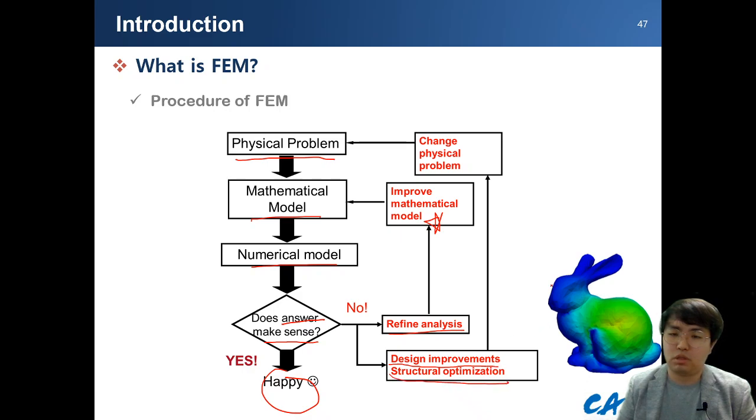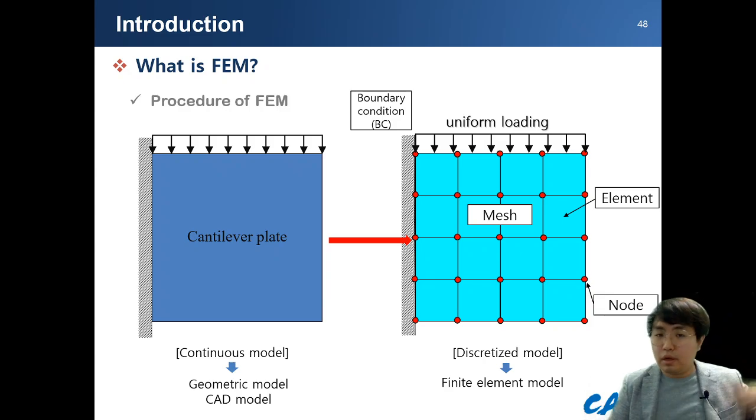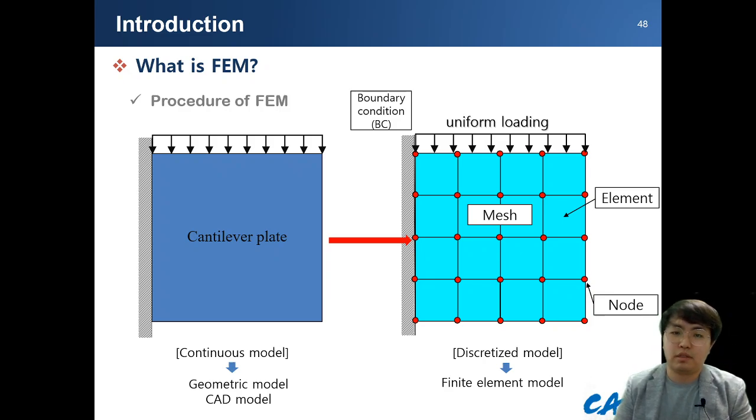That means we do CAD designing, or change the physical problem. This is a more detailed example related to solid mechanics. If you have a cantilever beam of a solid structure, this is a continuous model. You can design this continuous model using CAD software, and then in the FEM software discretize it by generating the mesh.